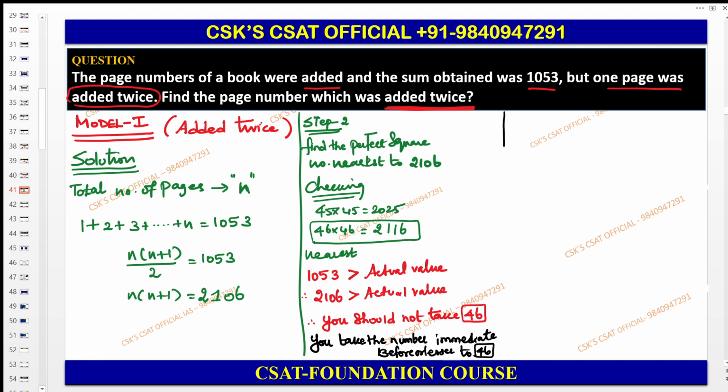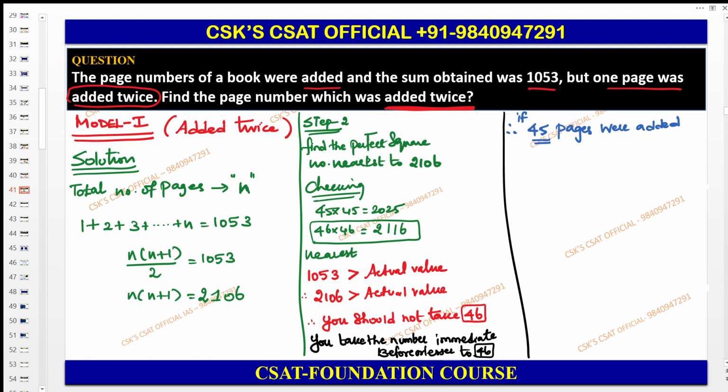These wordings are very important. Therefore, 45 pages were added. Let us see, if 45 pages were added, what will happen?